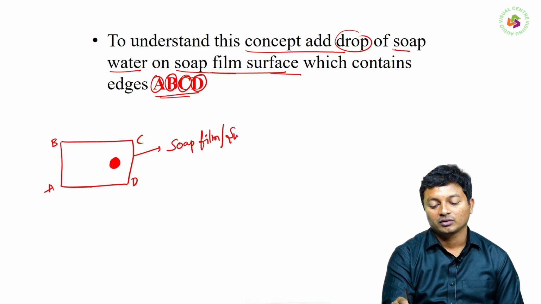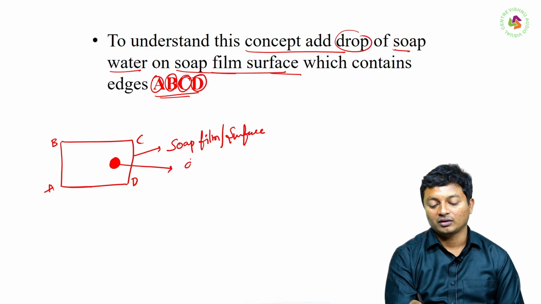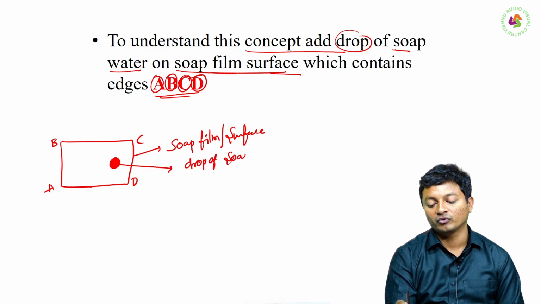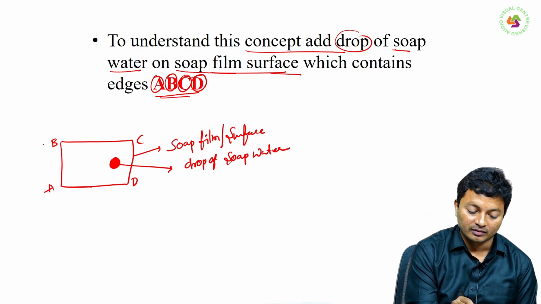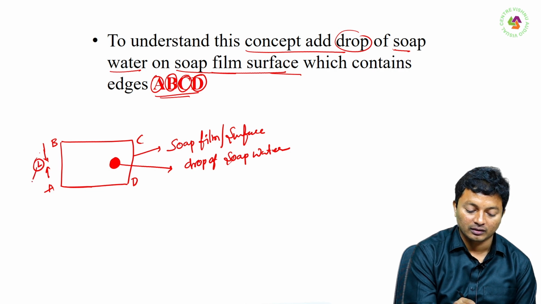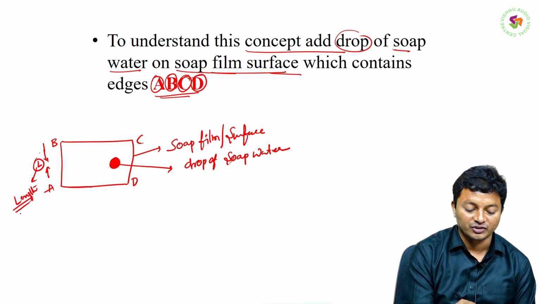This is the soap film or surface. This is the drop of soap water, and this will be the length L. We can consider it as the initial length.